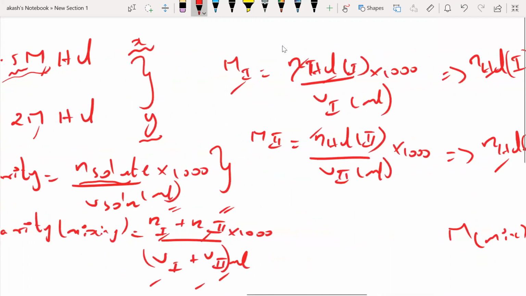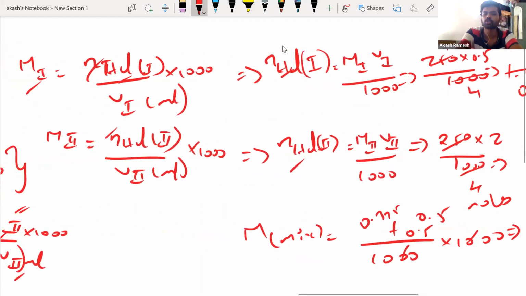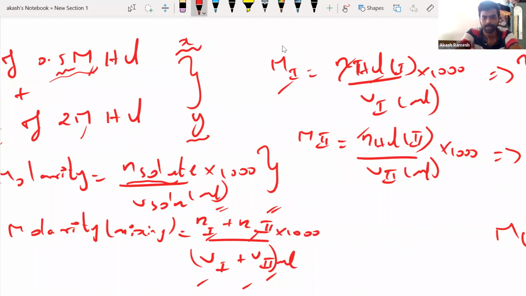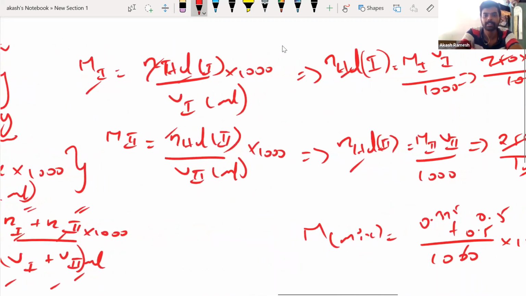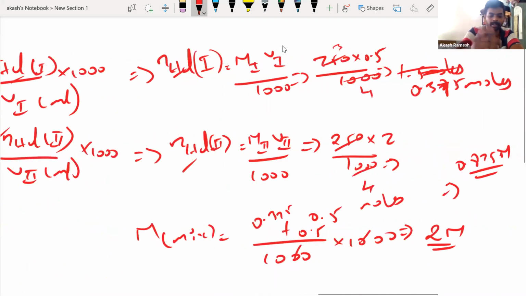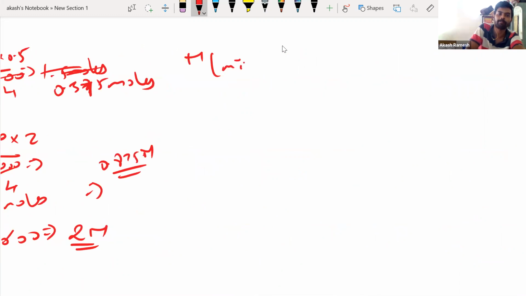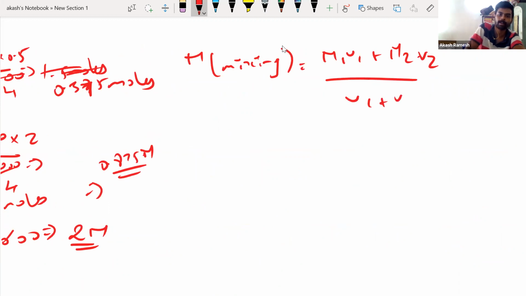Now, instead of doing so much, I'm going to give you a simple equation. Whenever these kinds of questions come, whenever they ask you the molarity of mixing, you directly use this equation: M1 V1 plus M2 V2 divided by V1 plus V2.